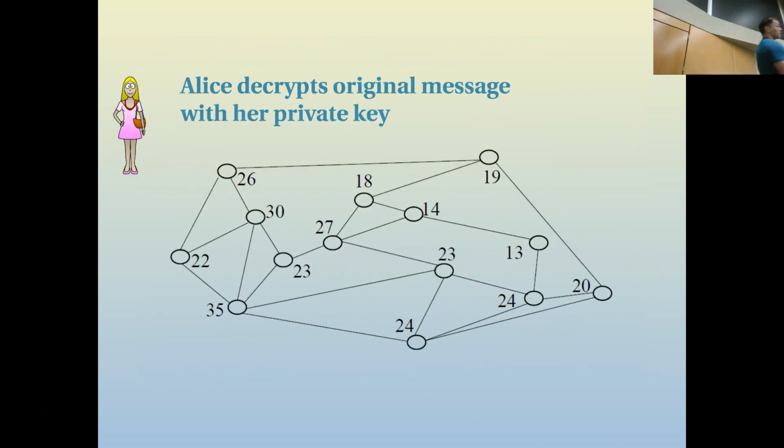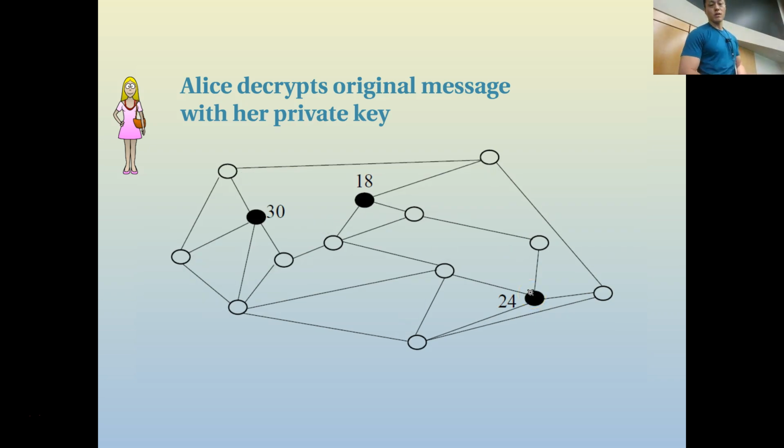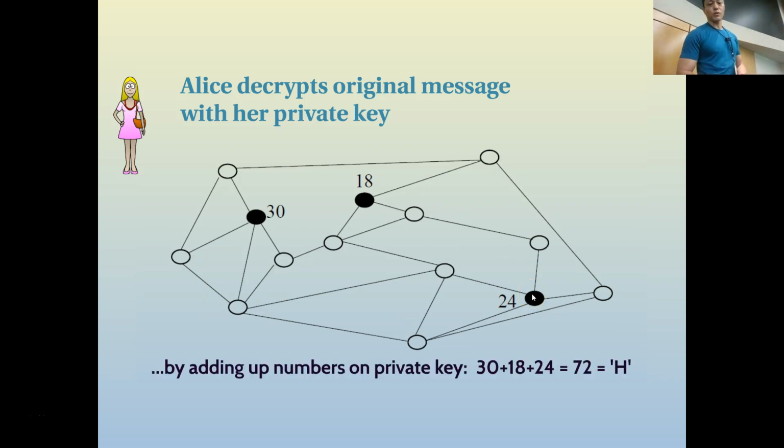But because Alice has the private key, the only thing Alice needs to do to decrypt this original message is to overlay her private key onto that graph and pick out the dominating set. And the dominating set here are these 3 nodes. She adds up these 3 nodes, and she gets what? 72.